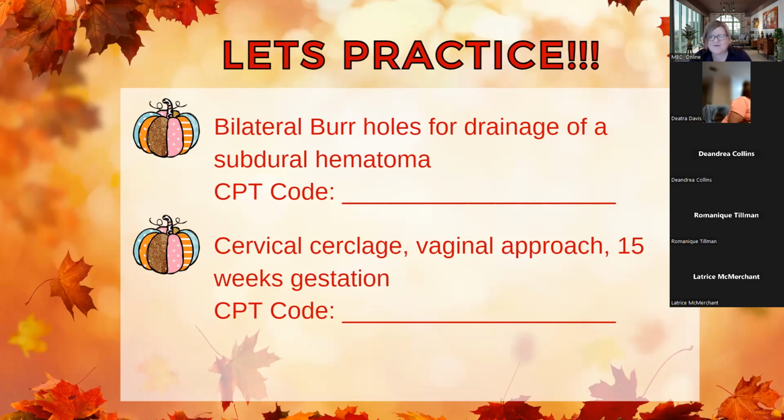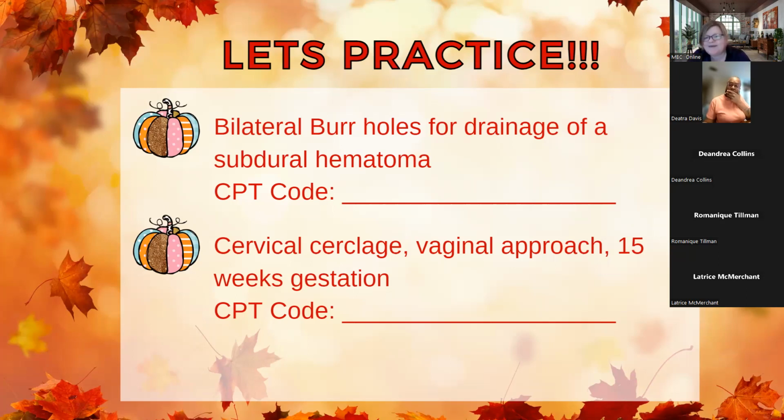And what's great about this, let's say you're working in an office and you have this come up and you don't catch off the top of your head when you get the super bill that it's a bilateral procedure that needs a modifier, and you just code it 61154 and send it on to the insurance company.